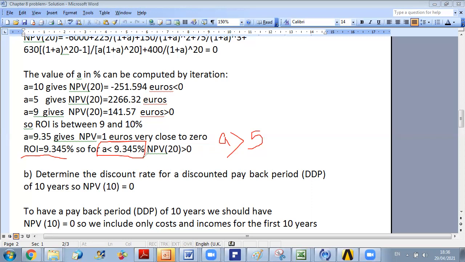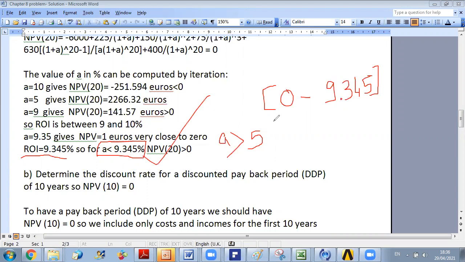If I take any value of a below 9.345, I will get a positive net present value, which is an encouraging value, because the range I can play with is relatively large. So if a varies between 0 and 9.345, I can be sure that my net present value is positive. So for me, it's good. Any discount rate lower than 9.345 will give me a positive balance.